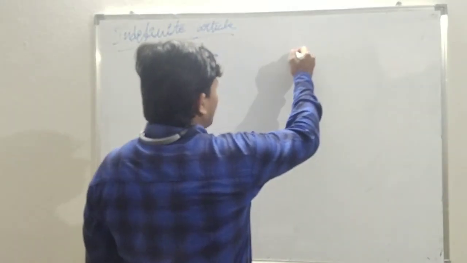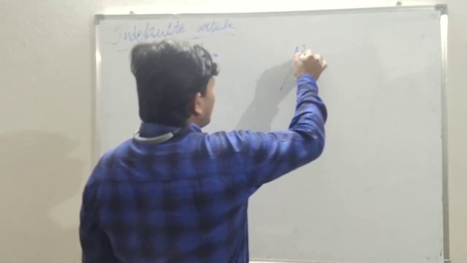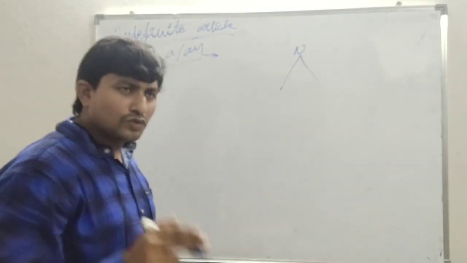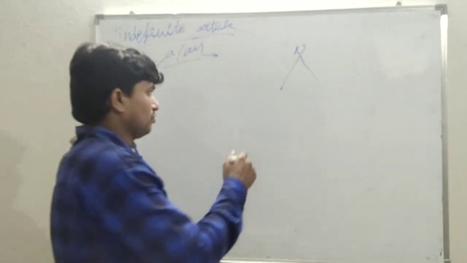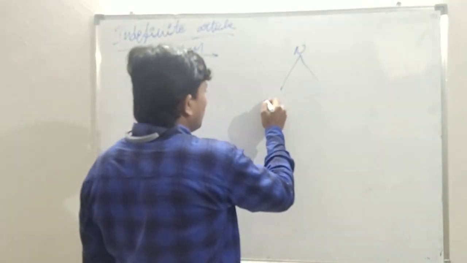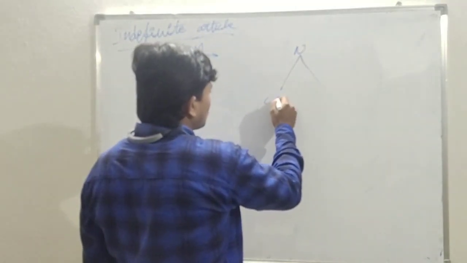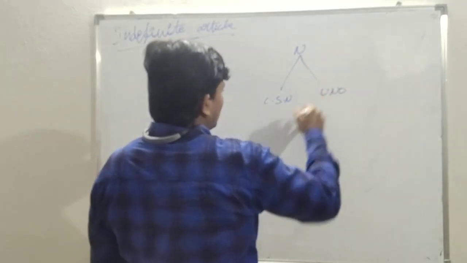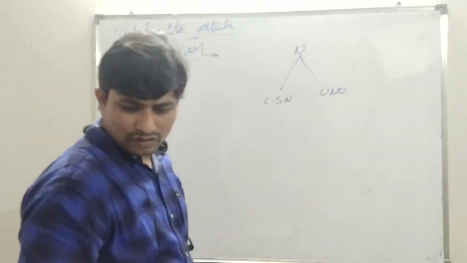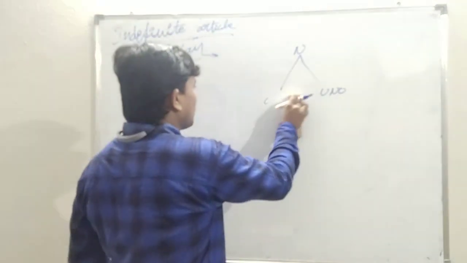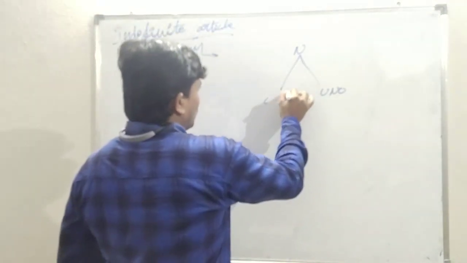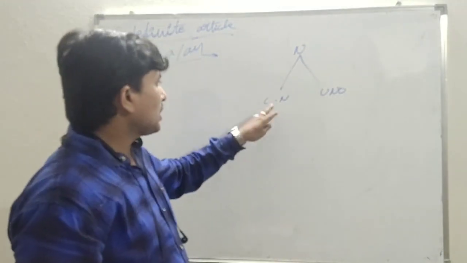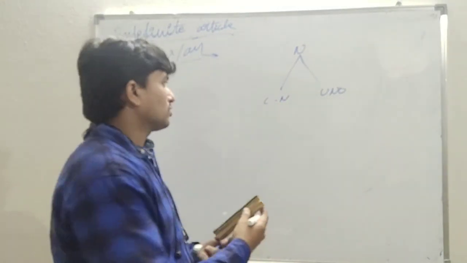We have already discussed that nouns can be known in two ways: countable nouns and uncountable nouns.